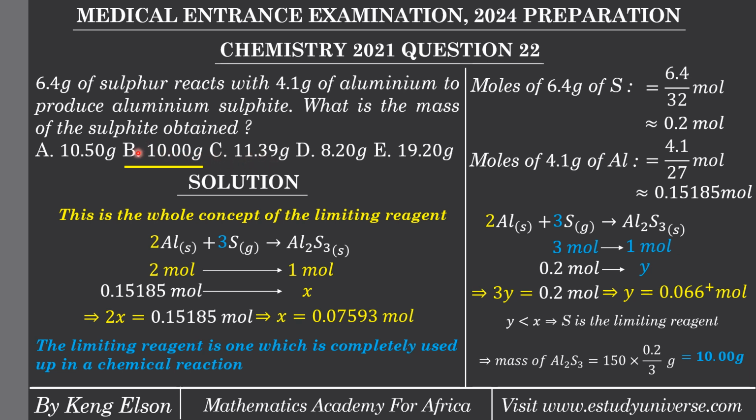That is, if you calculate and you realize that sulfur is the limiting reagent, you have your answer. If you don't calculate, meaning you just take into consideration aluminium, you are going to have 11.39 as your answer, which is still part of the options. So we have to be very keen and pay keen attention to such concepts.